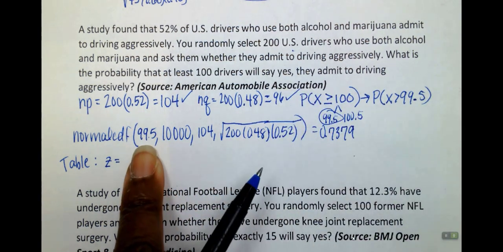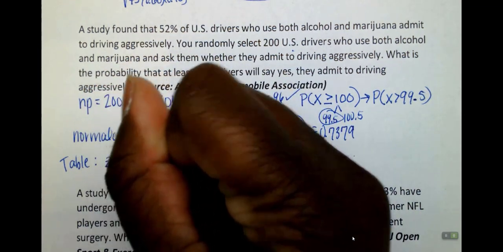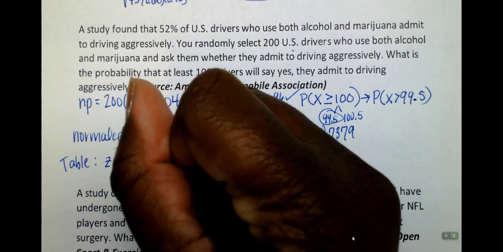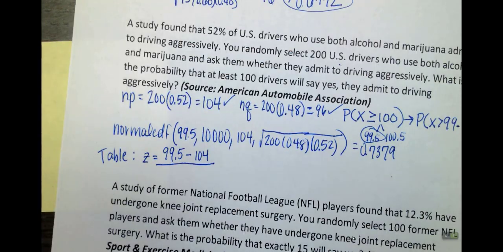So our x now is 99.5 minus our mean of 104 divided by, remember, standard deviation is the square root of, so it's going to be the same formula right here. So we're just going to rewrite it.